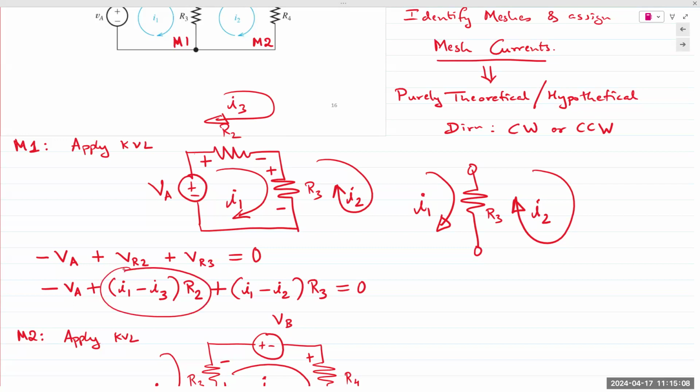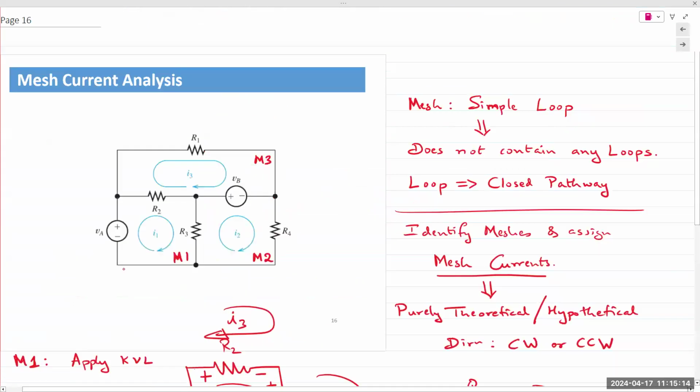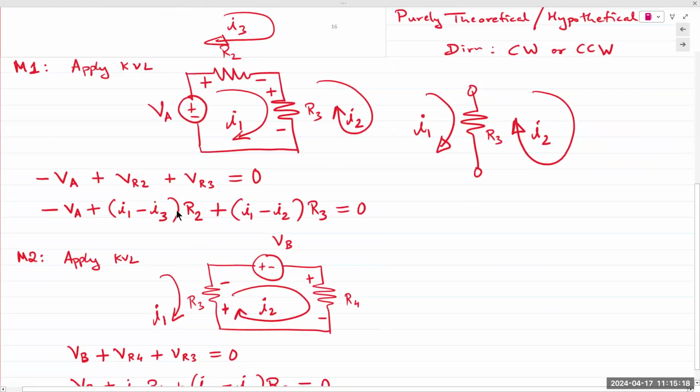R2 is the resistor up top. It is shared between meshes 1 and 3. And so we account for VR2 and VR3 because they're both in a shared branch. We have I1 minus I3, and then you have I1 minus I2. Those are the most important points when you're applying mesh current analysis. If you know how to do that, then everything else is easy.